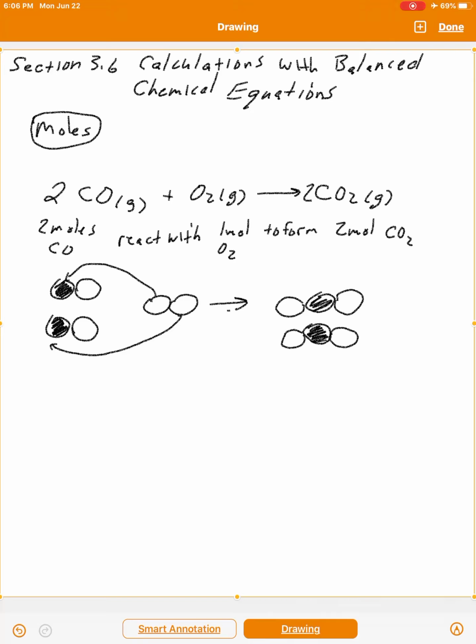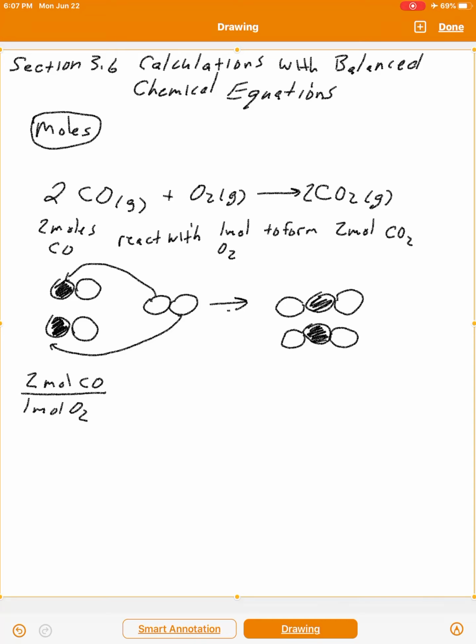So now let's be a little bit more mathematical about it. What we could say is that 2 moles of CO react with 1 mole of O2. Now notice I drew that as a ratio. The reason I did that is because we often do mathematical calculations, and proportions or ratios are a very useful way to think about it.